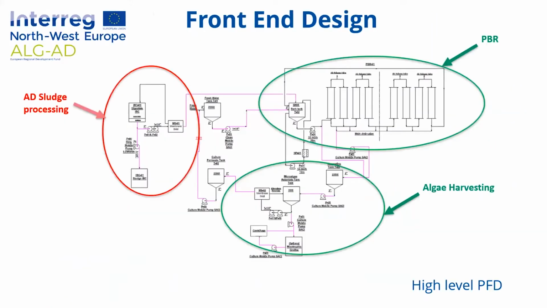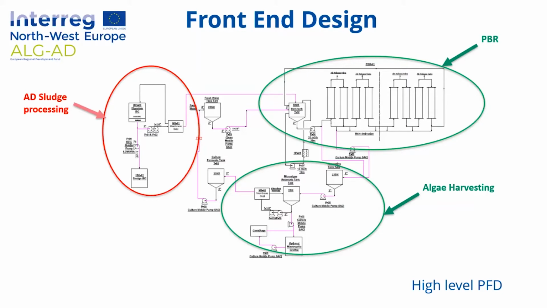So what we did first up was sat down, put pen to paper, and drew up what our process was going to look like. And what you're seeing on screen here is a high-level process flow diagram. And I've circled it really into three major sections. The first section on the left in red was the anaerobic digestion effluent treatment plant.